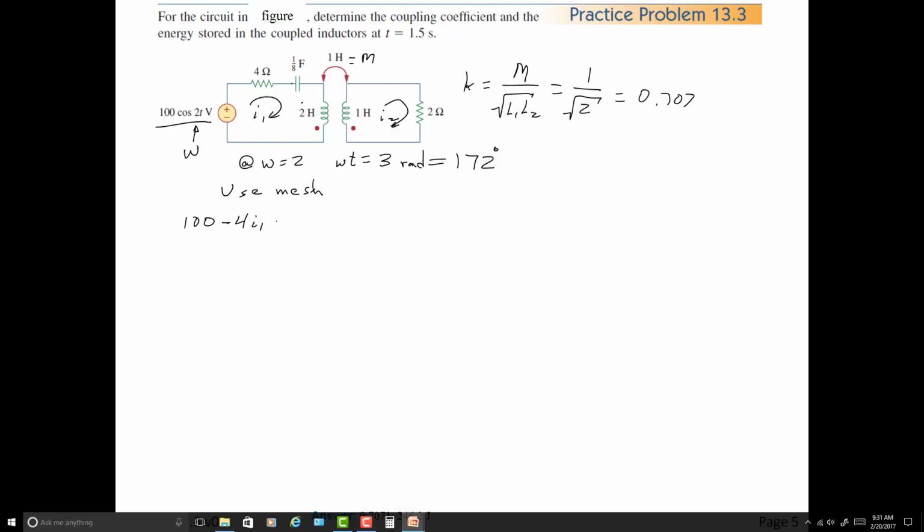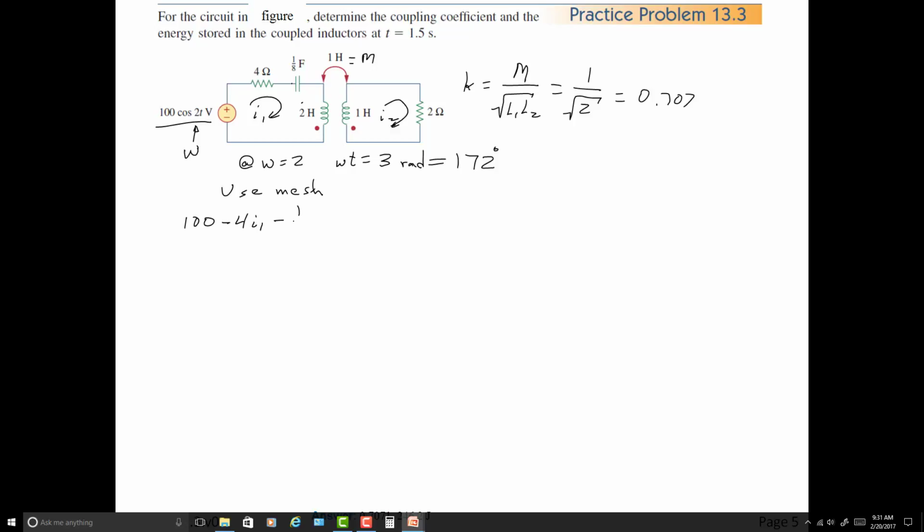Now we're going to want to know with 1/8, what's our j omega? J omega times, so I'm just going to write it like this.